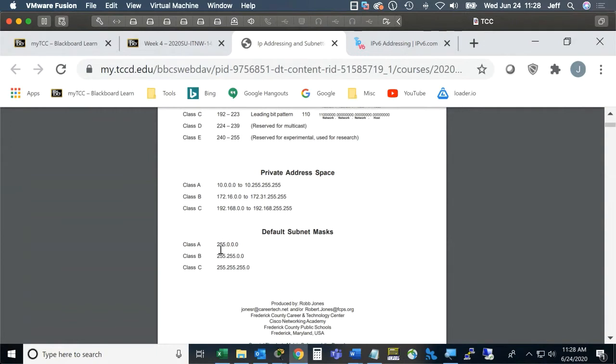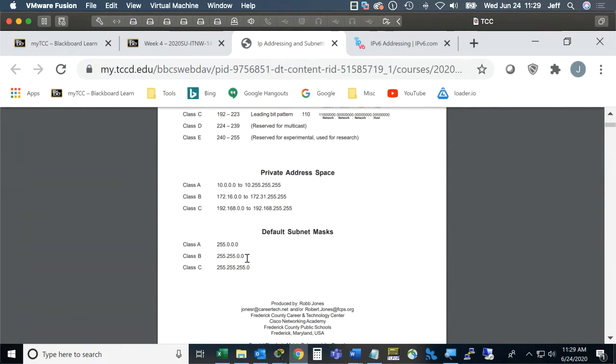So if you have all 8 bits selected, then it's 255, right? So this is just saying the network ID is the first 8 bits. This is saying the network ID is the first 16 bits, and this is saying that the network ID is the first 24 bits. Does that make sense to everyone so far? I know it's a lot. Yeah, okay, good.